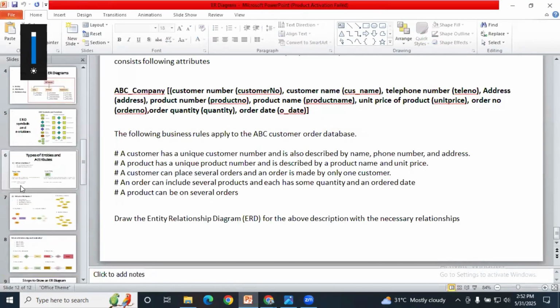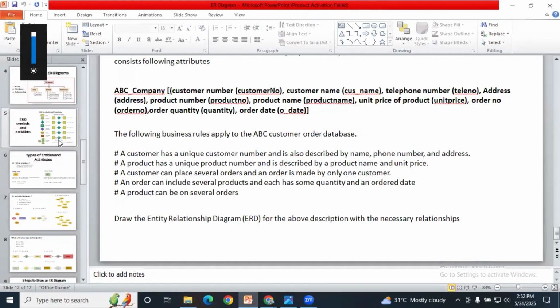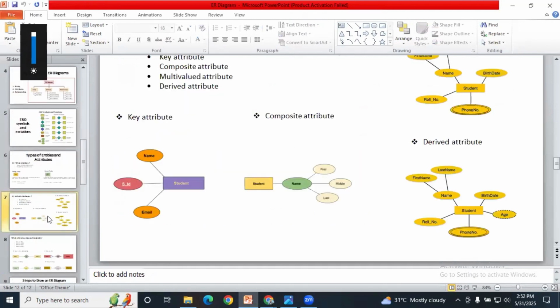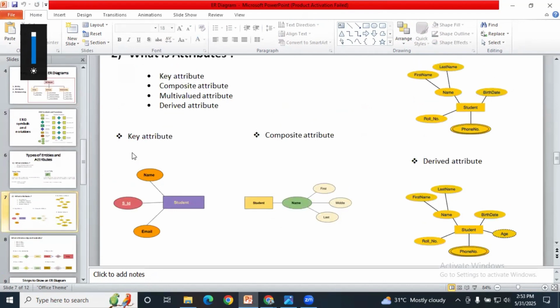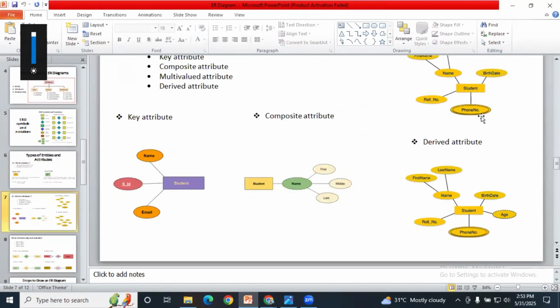So when it comes to here, these are the most important things. Previously someone asked why we don't use the multi-value attribute for the phone number.